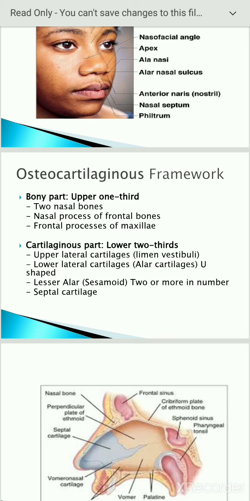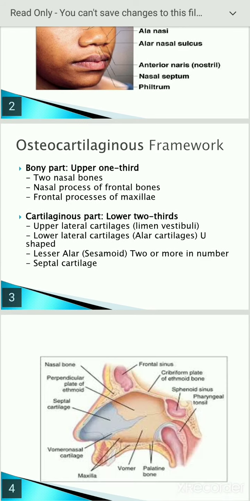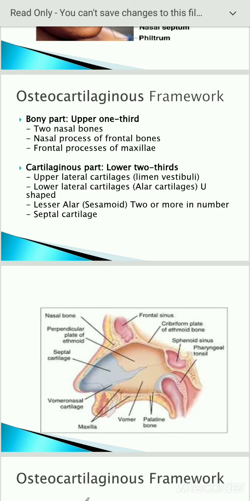Bony part is upper 1/3, and it consists of two nasal bones, right and left, nasal process of frontal bones, and from below, frontal process of maxilla makes the bony part of nose.